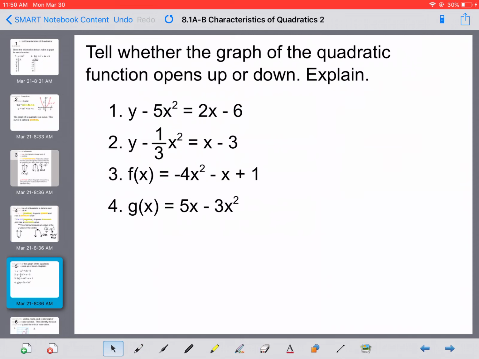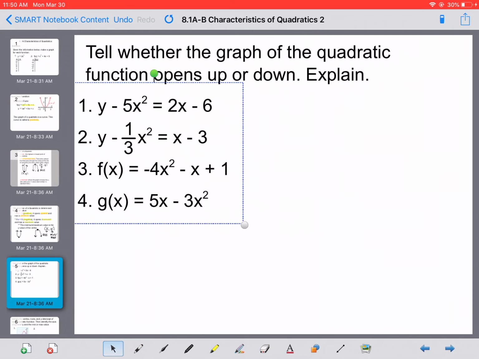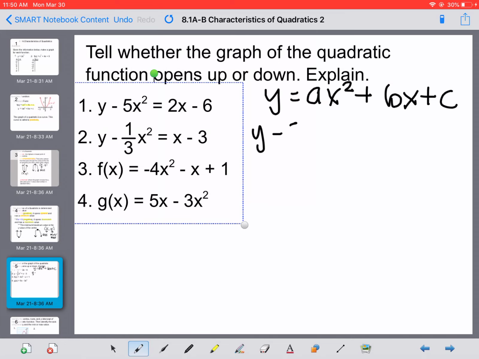Let's look at number 1. We have to be in the form y equals ax squared plus bx plus c, and if we're in that form, then we can determine whether we are opening up or down. On number 1, we have to get y by itself first, so we add 5x squared to the other side.